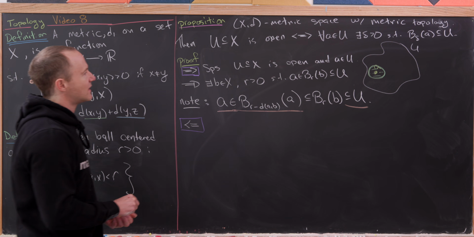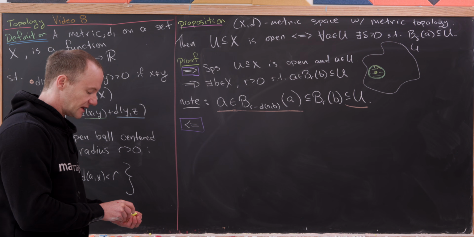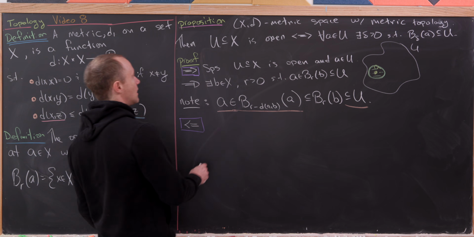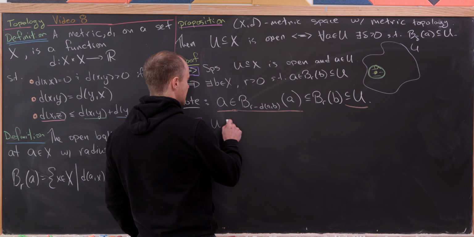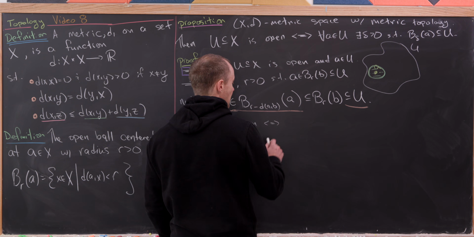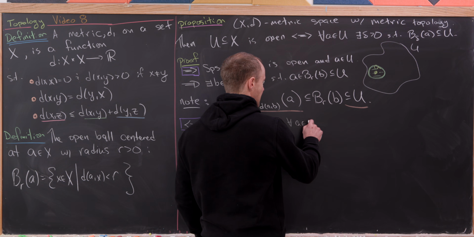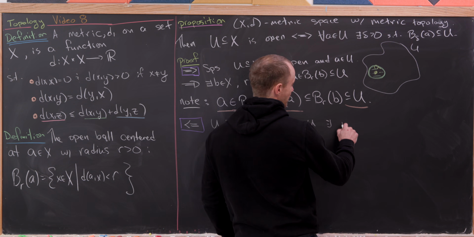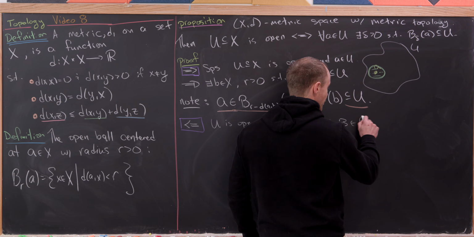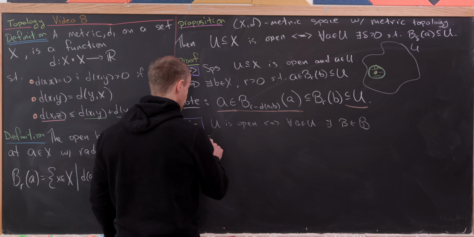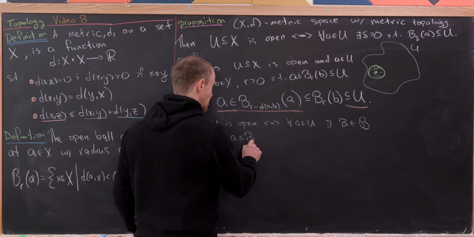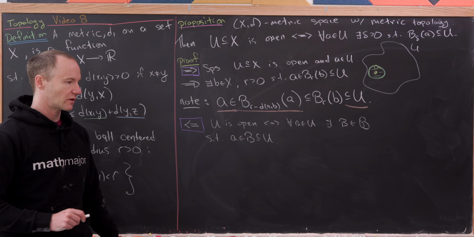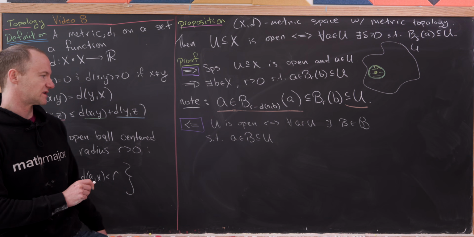But I claim that the reverse direction is fairly clear because let's recall that U is open if and only if for all A in U there exists a set B from the basis for the topology such that A is in B, which is a subset of U. That's something we proved quite a bit earlier when we talked about the basis for a topology.